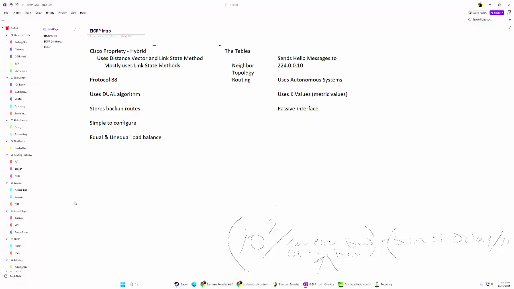Now, remember that distance vector? Well, OSPF uses an algorithm to run its concept of what is the best link, or I should say, what is the best path to get to a particular destination. And EIGRP does the same.